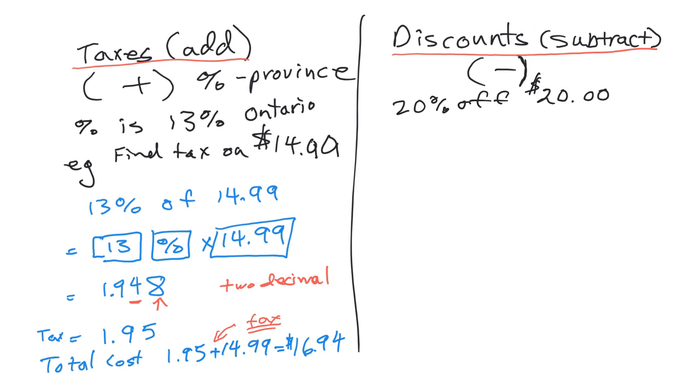What you would do is calculate 20% of $20. Do your calculations like we did before. And you're going to get $4.